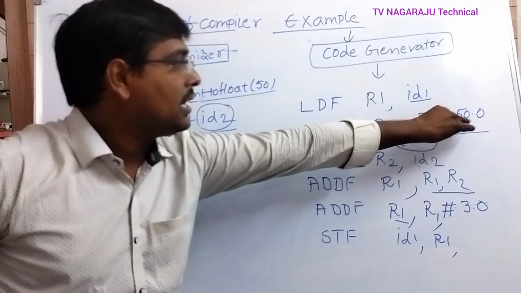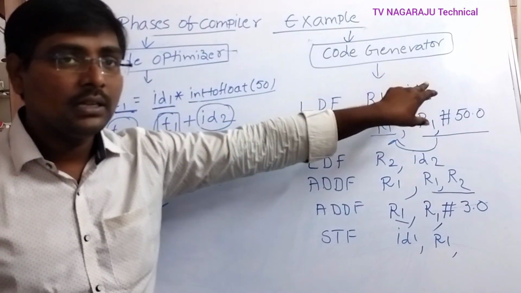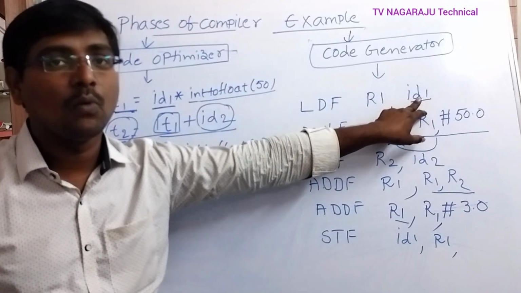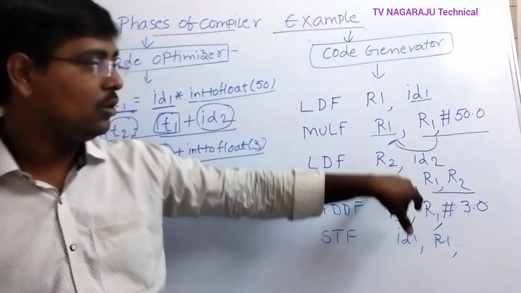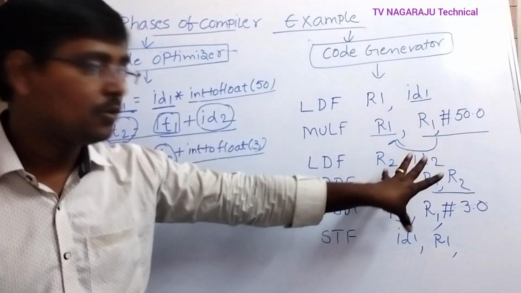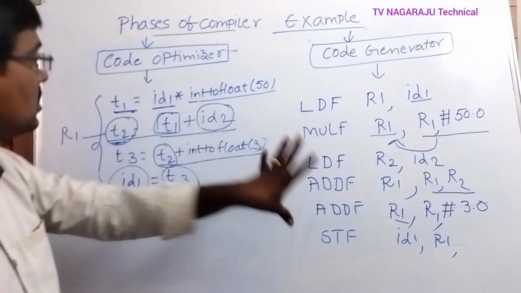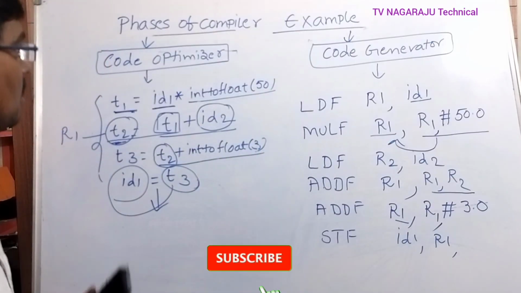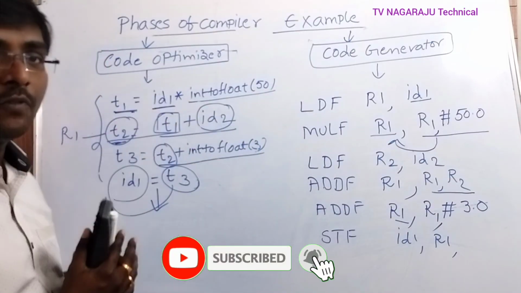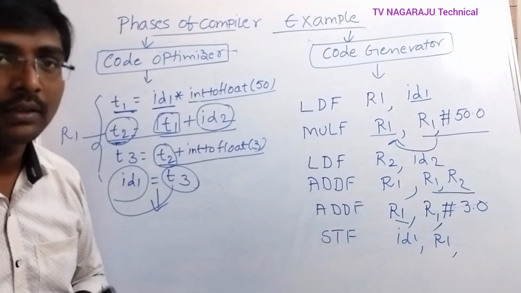Here, this entire thing is stored in ID1. Why? Because now old ID1 is not at all required. Here also old R1 is not at all required. If you required, you can create another register. If you are not required, simply use that particular register. This is the output of the code generator. So these are the different phases of the compiler. Thank you.